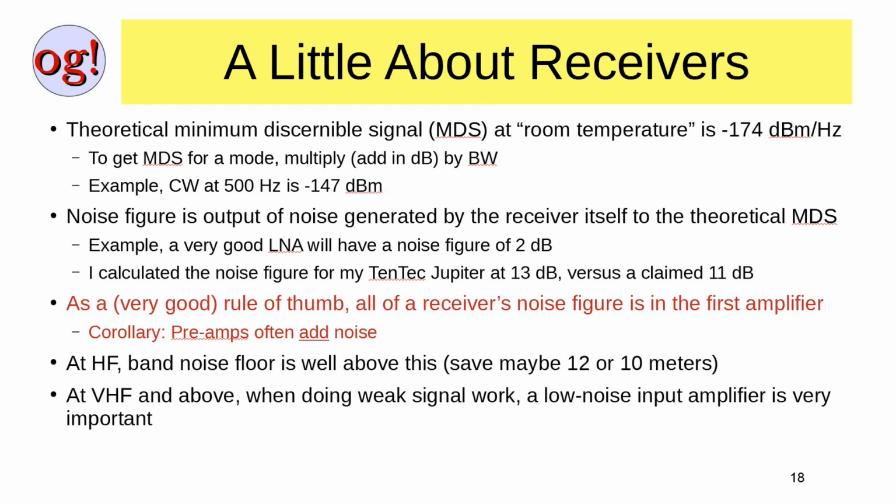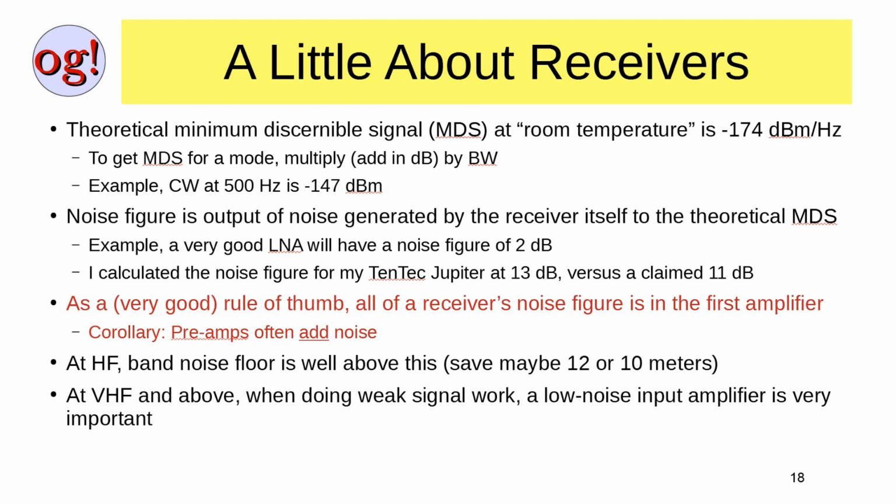You will probably be better off not using the preamp. Now, at HF, the band noise floor is well above this thermal noise floor. Say maybe 10 or 12 meters, which are very quiet bands, and this might be a good place to throw in that preamp to make a soft signal stronger.